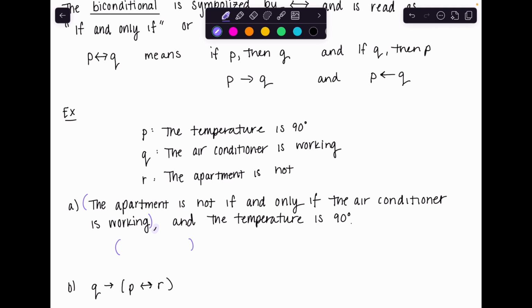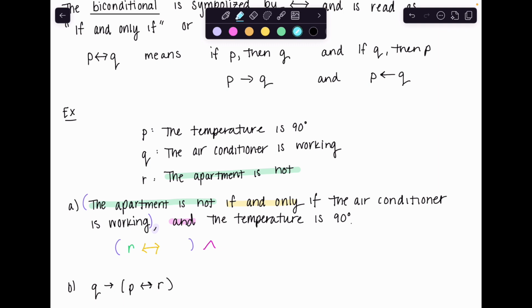Okay. Then I've got that phrase and, which is symbolized by the upside down V. Now within here, I've got the apartment is hot. That's exactly the statement R. If and only if is symbolized with a double-sided arrow.